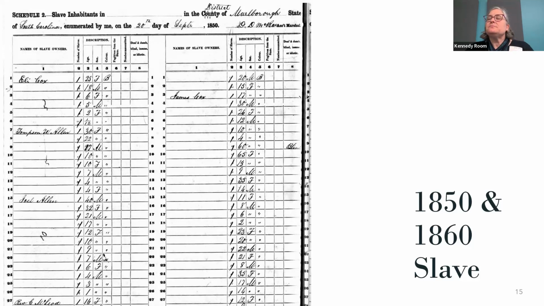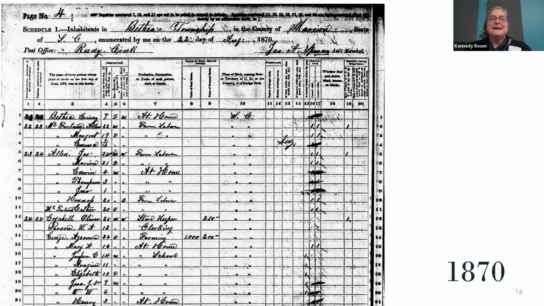So, anyway. In 1870, we come to the first of the censuses that lists everybody by name together.